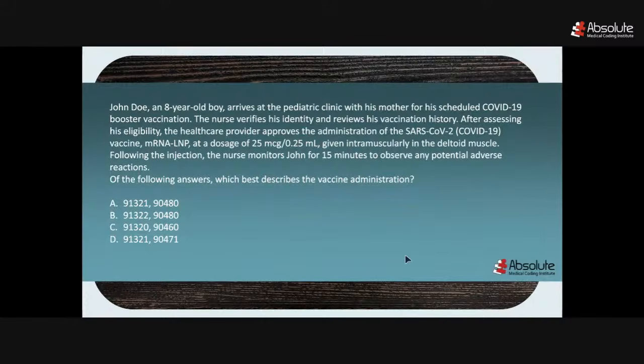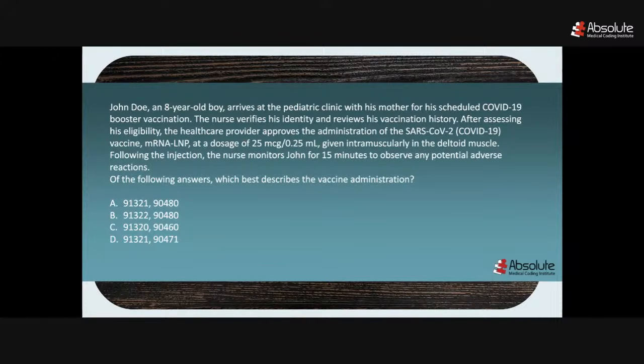I got one more coding scenario for you all, and here it is. Okay, got it. So if you have any doubt, please place it in the chat and we are here to help you. Okay. So of the following answers, which best describe the vaccine administration? Option A 91321 90480, option B 91322 90480, option C 91320 90460. Option D, 91321 90471. John Doe, an 8-year-old boy, arrives at the pediatric clinic with his mother for scheduled COVID-19 booster vaccination.